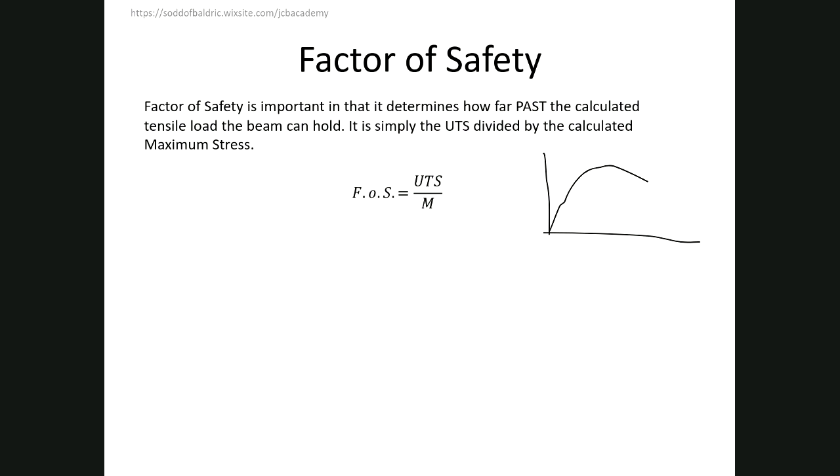This is called the yield point, and that's really the point where it'll stop being elastic and become a plastic transition. This point here is the ultimate tensile strength, or ultimate tensile stress.